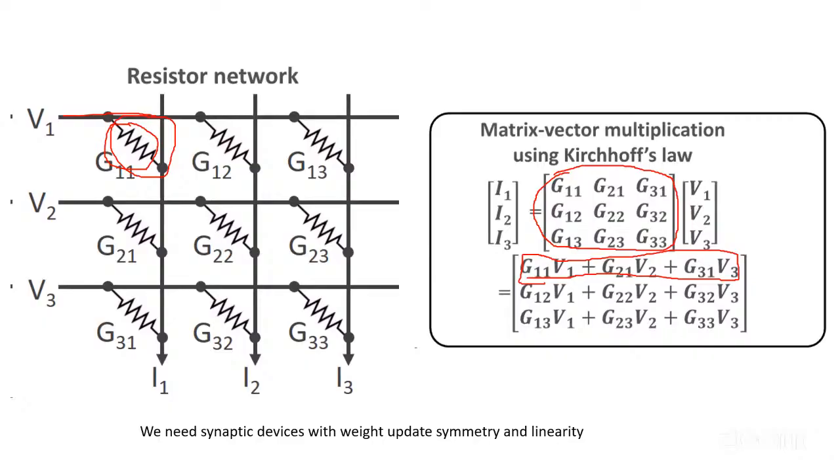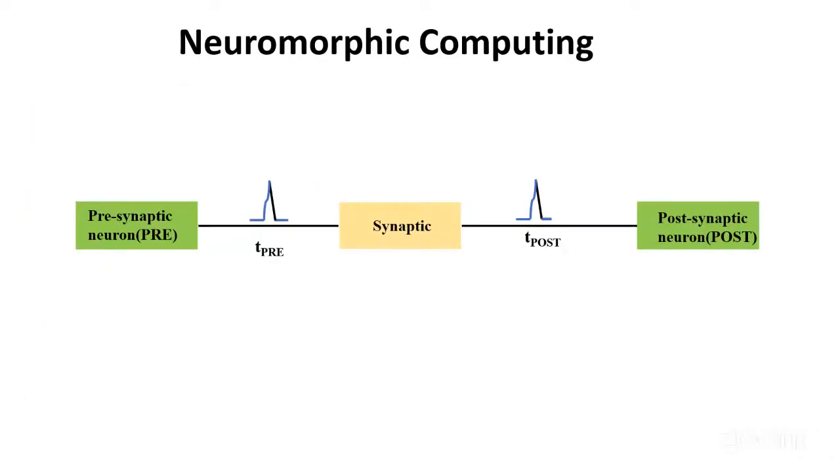This is a summary of the entire picture of neuromorphic computing. You have a synaptic device whose state at any given time is not solely determined by the current input, but is also influenced by past input patterns and the sequence of operations it has undergone.